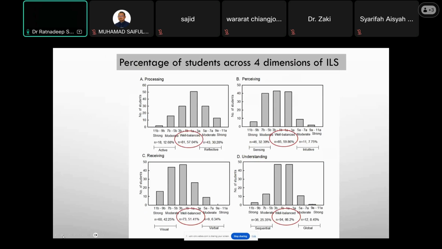So although the balance has been seen in this figure, a shift in the preferences was also observed, more in the reflective, sensing, visual, and sequential domains. We found the biggest differences within domains for visual versus verbal, followed by active versus reflective.